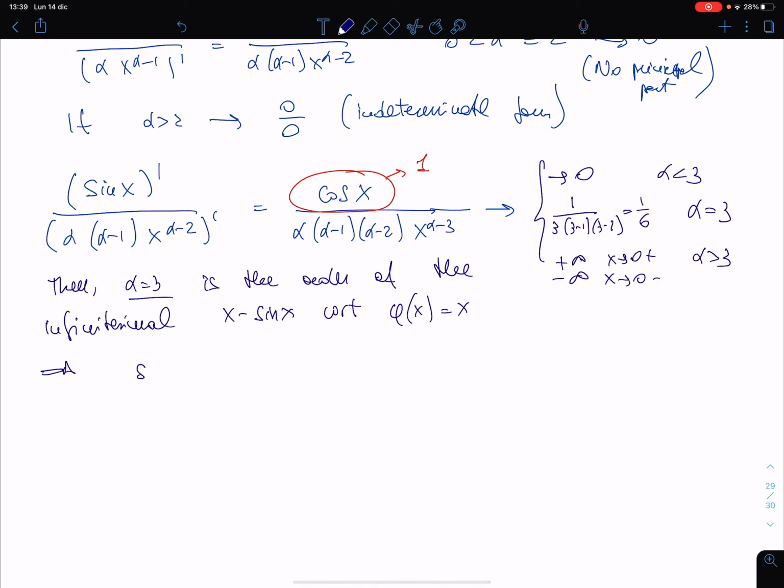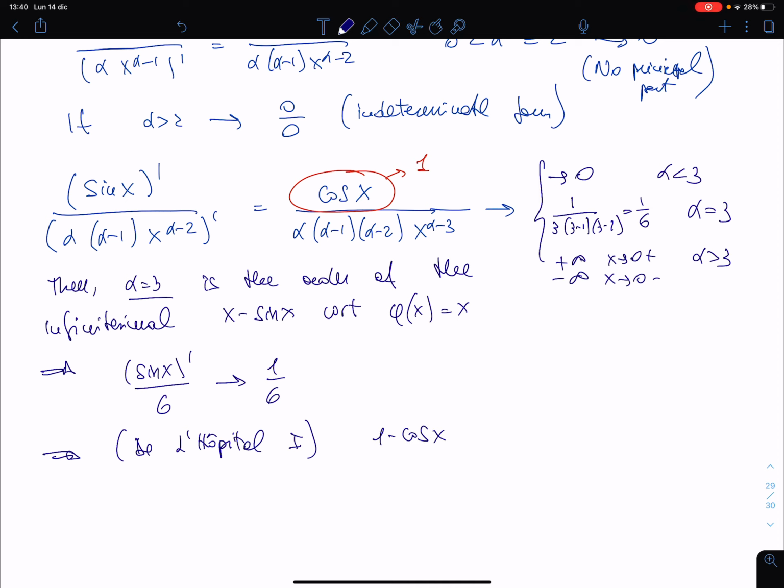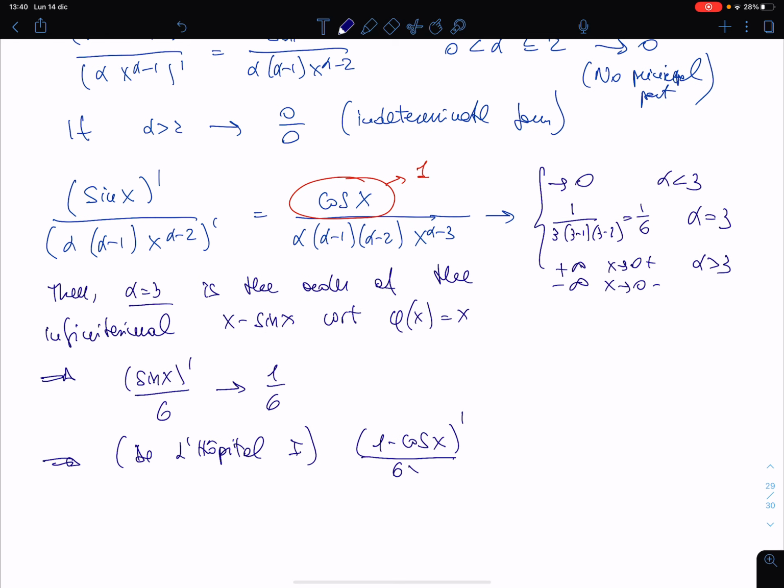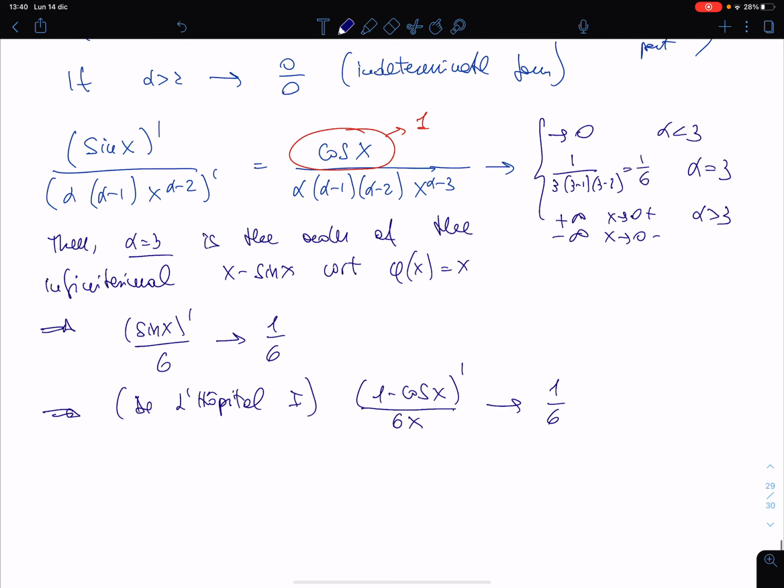we start from sine of x prime divided by 6 tends to 1/6. And here we apply the first theorem of L'Hopital. So we have that 1 minus cosine of x, where we came from, divided by 6 times x goes to 1/6.